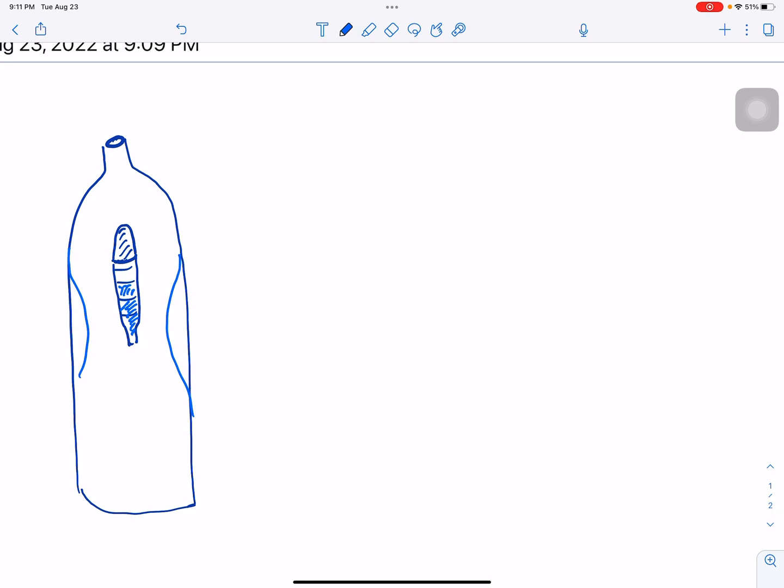Now, no air has gone into or out of the stopper. So if this is the stopper originally, I know that my air particles are going to look like this. But then when I squeeze, I can physically look at the eyedropper and I see that they're going into a smaller volume.